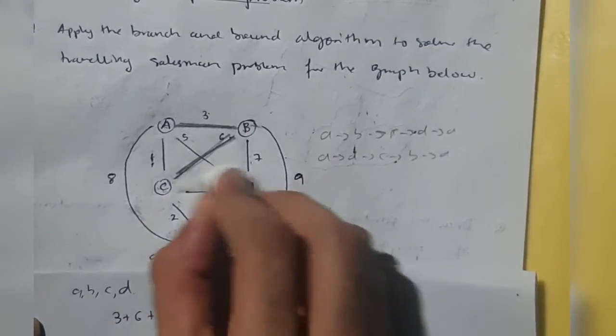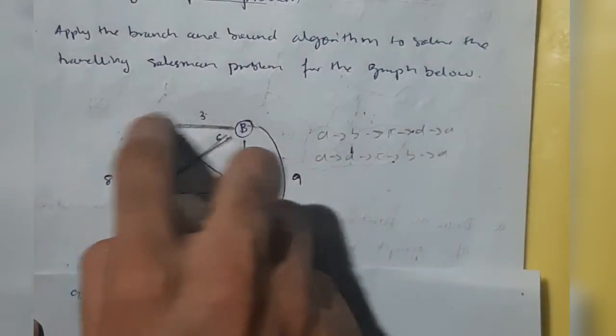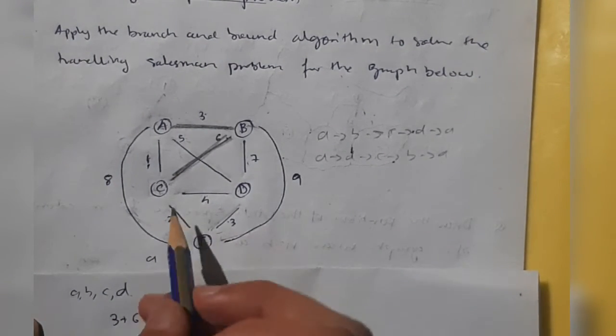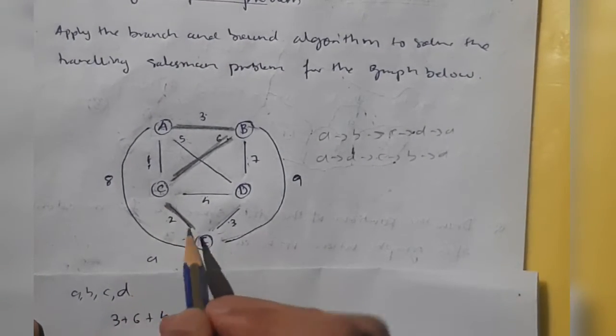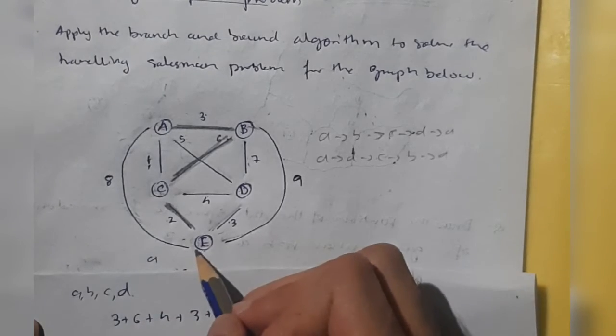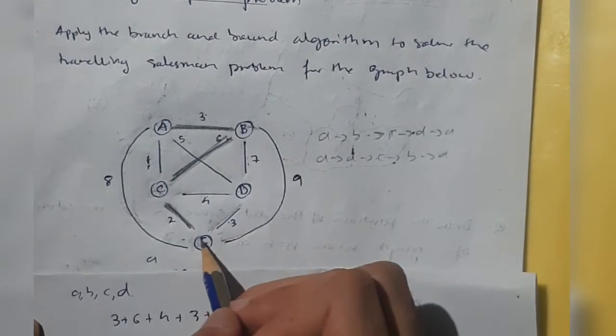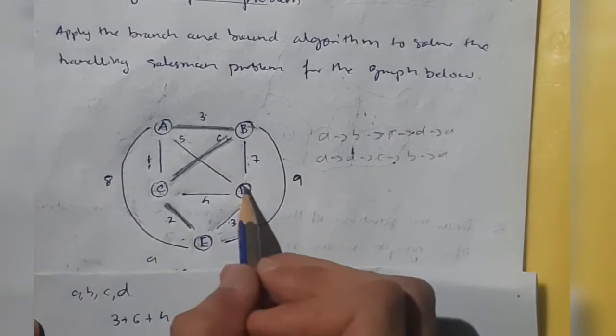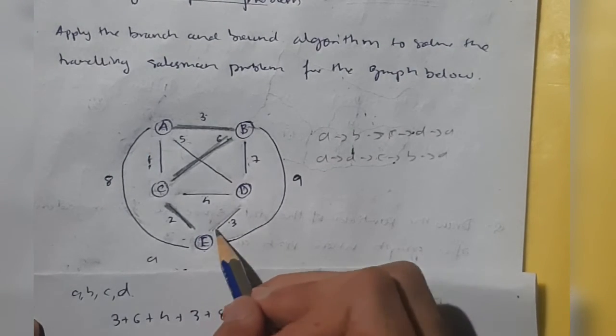Then we'll not be going with D, but we'll be going with A, B, C, and then E. If I go with E at that time, I can either go to A or I can go to D then A. Since if I go directly to A, I'll be missing out D, so I have to go through this path.